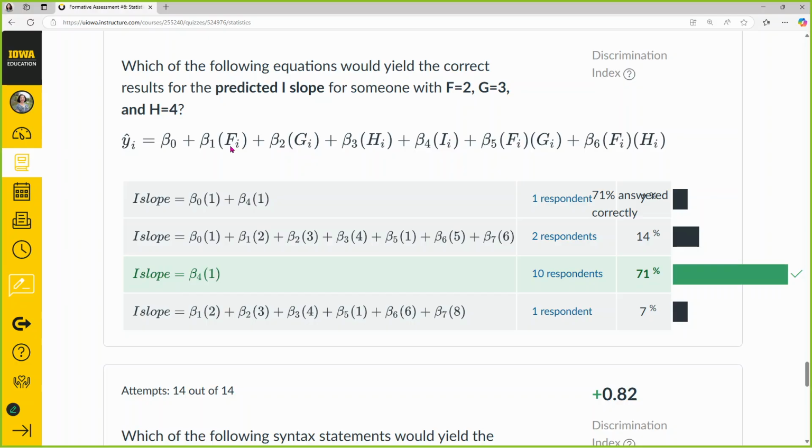It doesn't matter at this point on its moderators according to the interaction. But the idea of these interactions is that beta 5 changes what the slope of F is as a function of G. Beta 6 changes what the slope of F is as a function of H. So that's the pattern that I want to help you avoid, this unconditional interpretation of slopes that are inherently conditional.